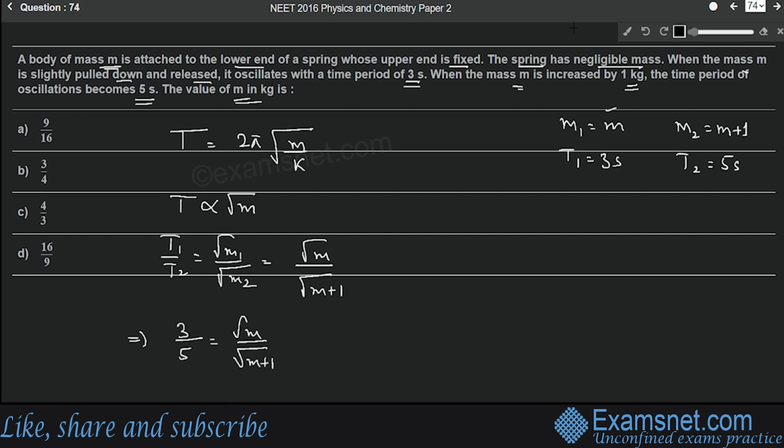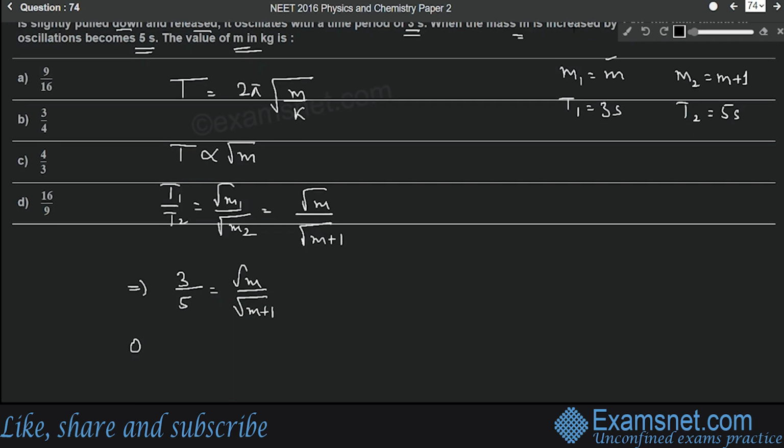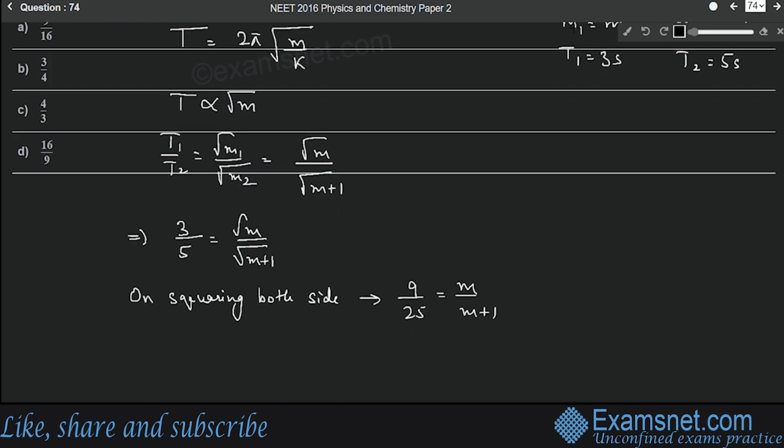So let's square both the sides, because we have to remove the root. What will we get? We'll get 9 by 25 on the left hand side, and this side m by m plus 1. Now we can cross multiply.